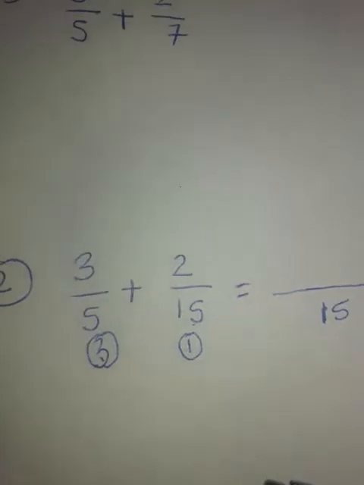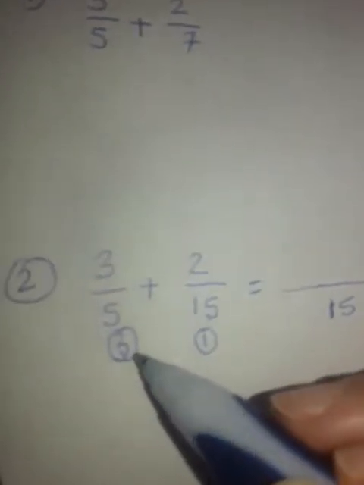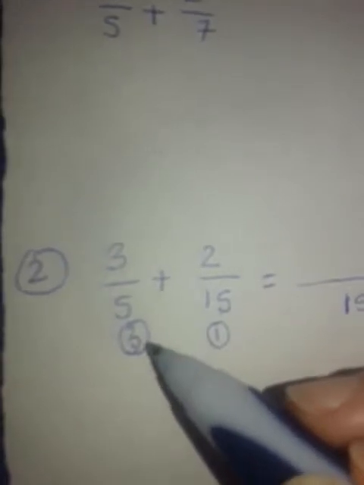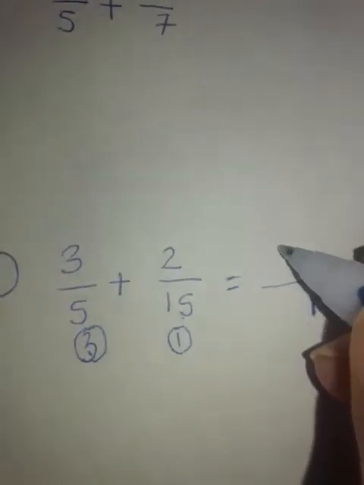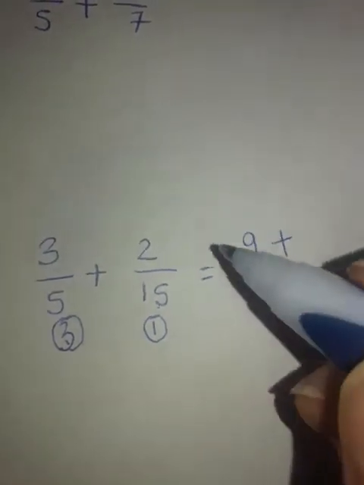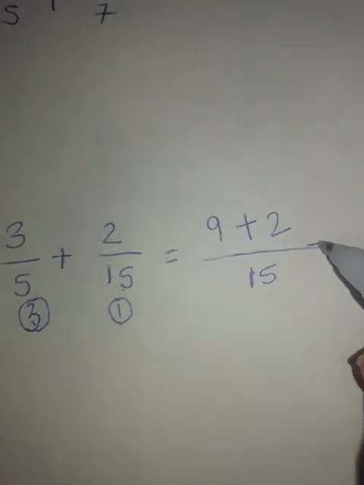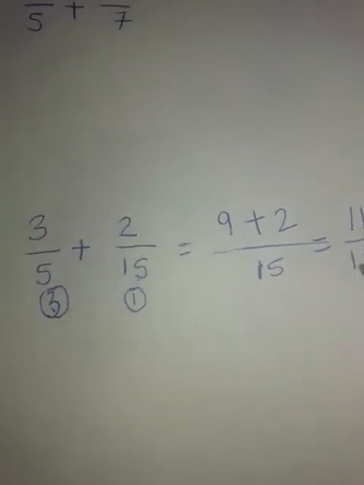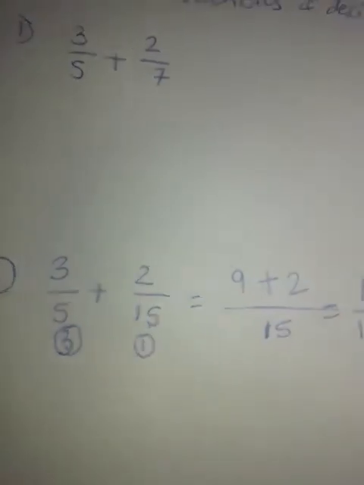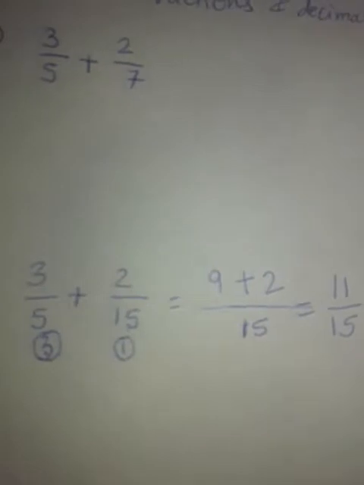Am I right? So now what I'll do? Whatever number is here, I'll take the product of this and this. 3 3s are 9 plus 2 1s are 2, and that's how I arrive at my answer, 11 upon 15. That is the shortest and fastest way of doing this.